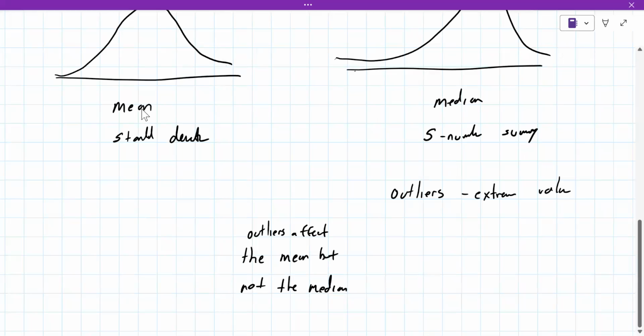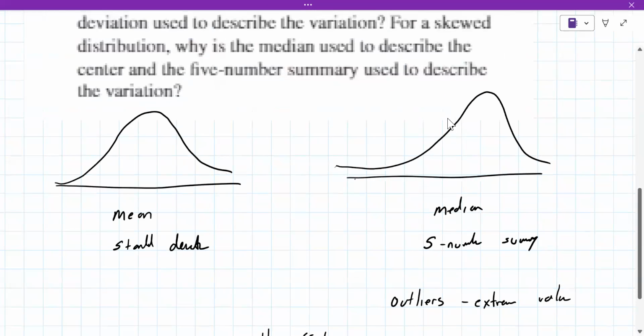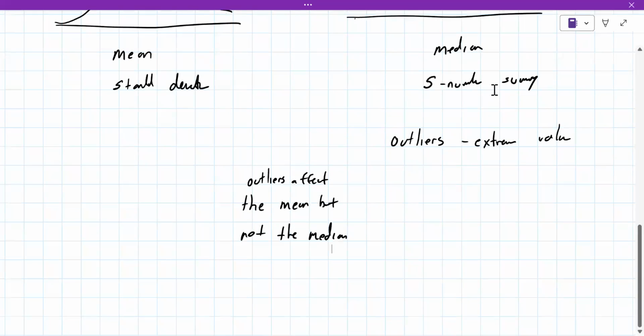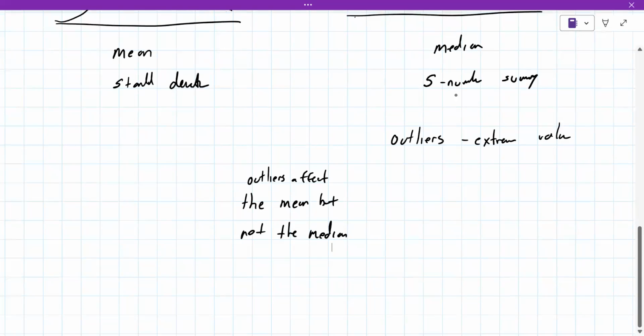That's why I use the median on the right, because there are outliers over here. And the same thing for the 5-number summary. The standard deviation is also affected by outliers, but not the median and the IQR, or the interquartile range.